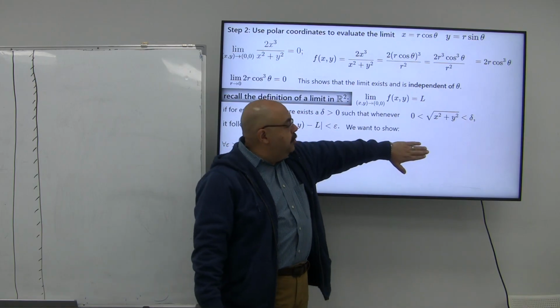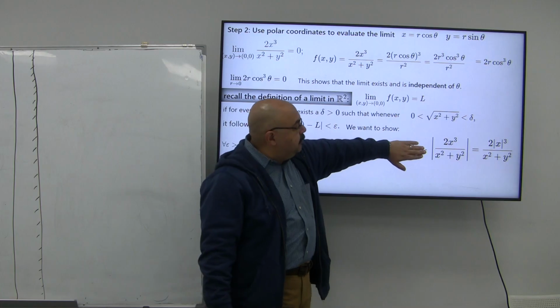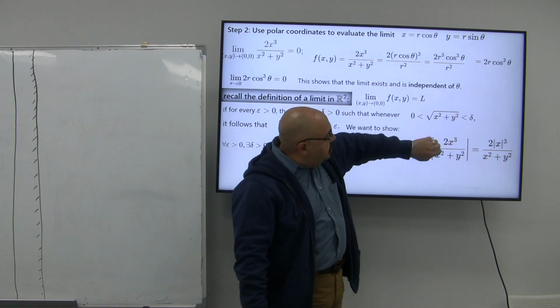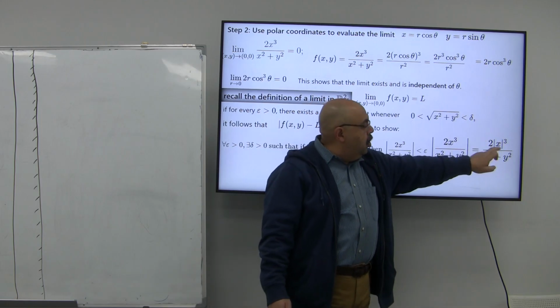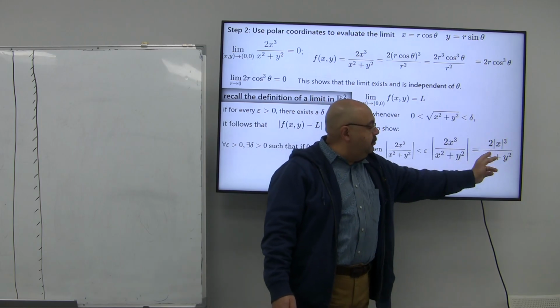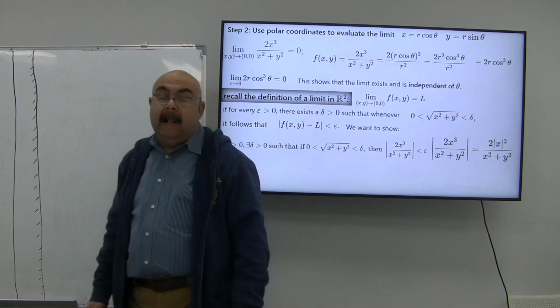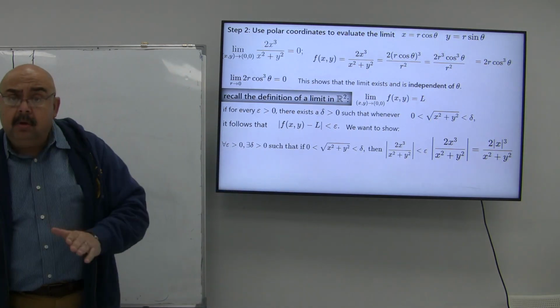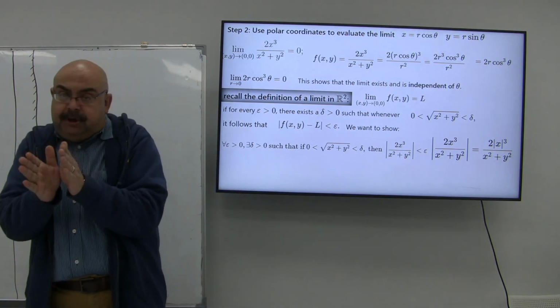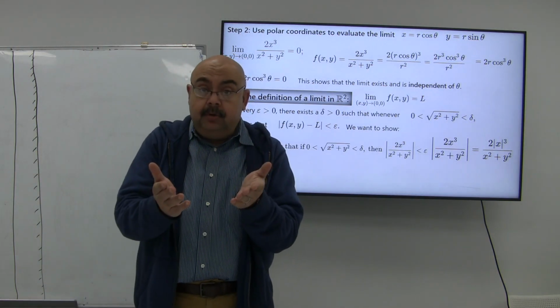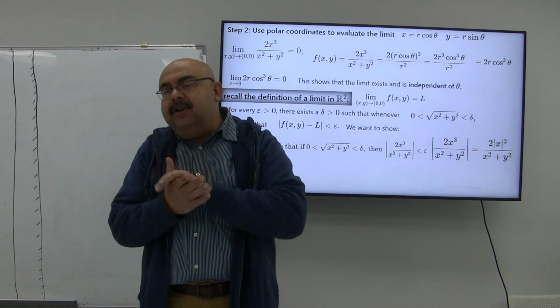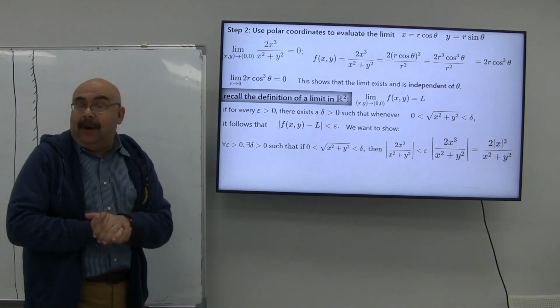How to go through this? I will start from this definition, 2x cubed over x squared plus y squared. It's equal to 2 times the absolute value of x cubed divided by x squared plus y squared. Now you have the option to move through r if you wanted to, but I need to see the inequality issue.